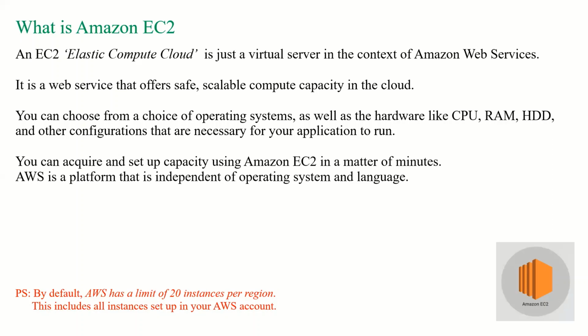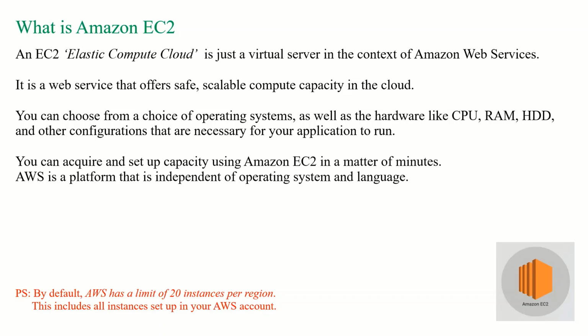By default, Amazon has a limit of 20 instances per region. This includes all instances set up in your AWS account. Please start making your own notes. Take your notepad and jot down some of these points we will touch upon, or you can raise the concern.